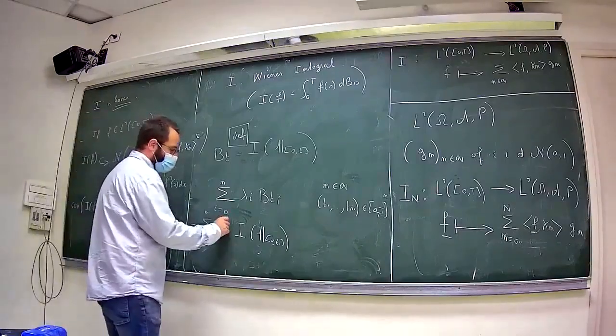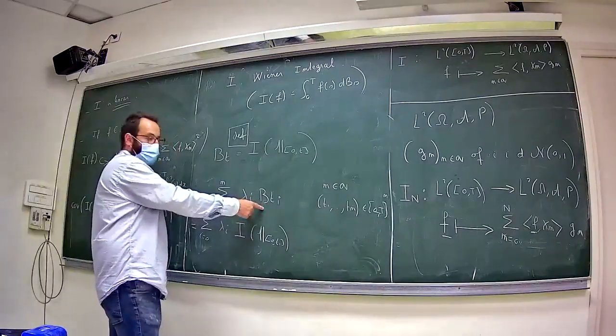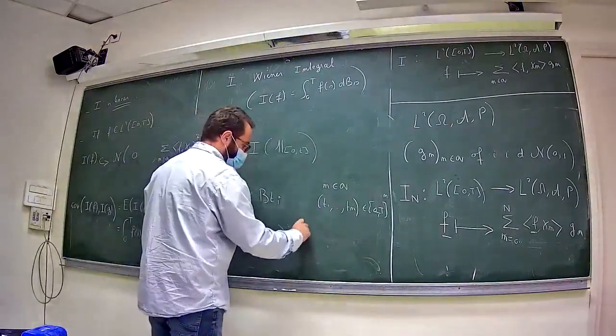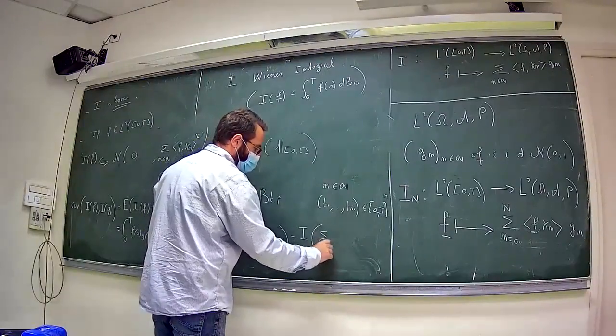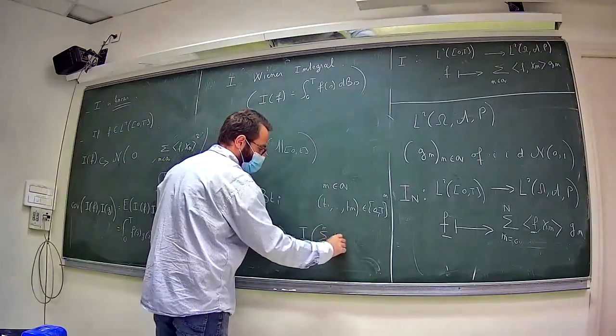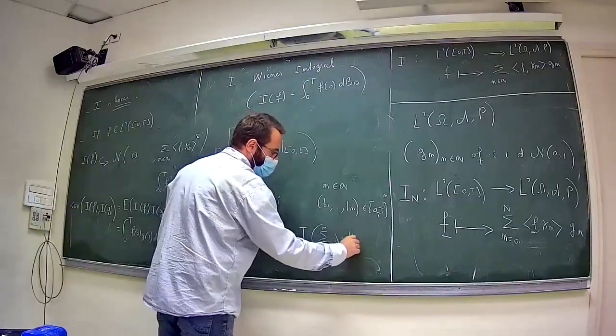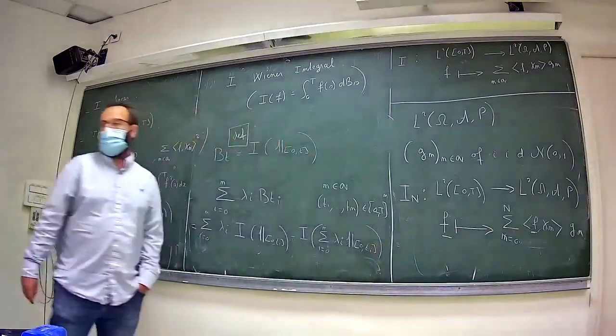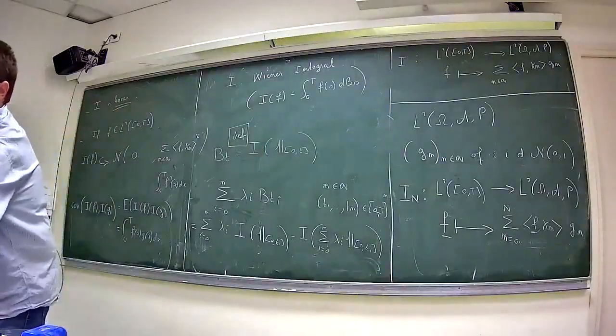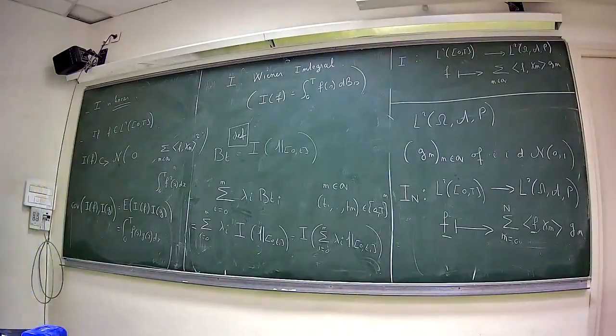So I can write the sum of the lambda_i B_{t_i} as I of the sum from i equal to 0 to n, lambda_i indicator function of [0,t_i]. What I know about capital I is that capital I of anybody is a Gaussian random variable.